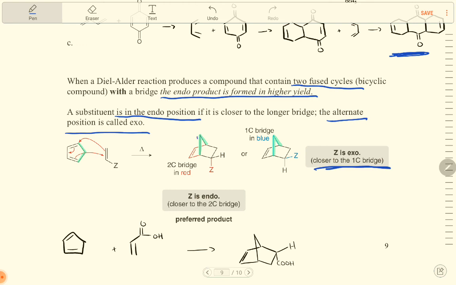This is closer to the 1C bridge, right? The 2C in red, this is in red. Remember, this is the product when they react, it gives endo and exo. So basically this is closer to the 2C bridge and this is closer to the 1C bridge.